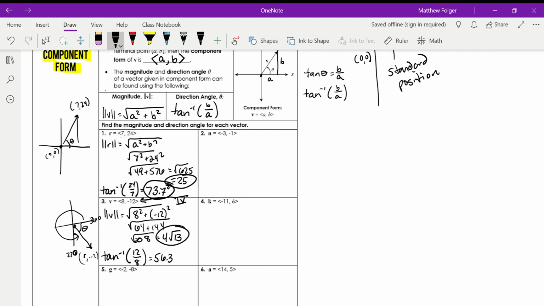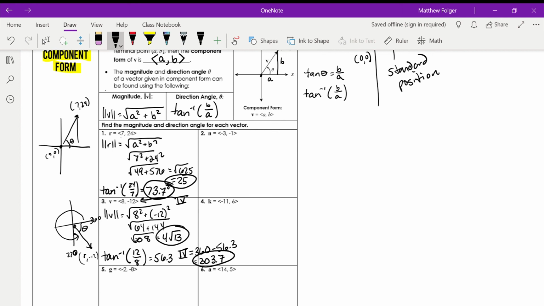But I want it to be in the 4th quadrant. So I'm going to do 360 minus 56.3, which is 303.7. That is the angle of the direction of that vector.